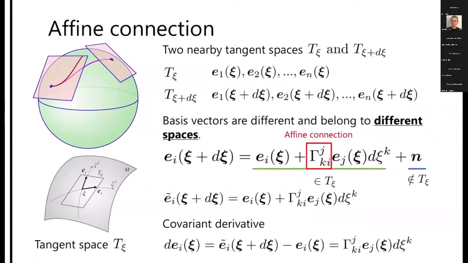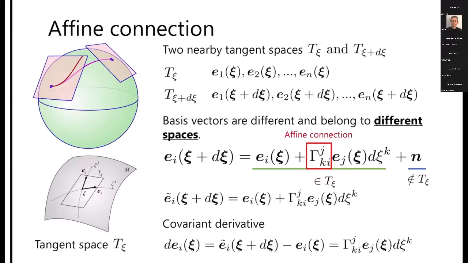Then, a difficult thing is that the tangent spaces are totally different, or really different, if they are far apart. But if you consider nearby tangent spaces, they are similar, but of course different. So how different the tangent spaces are can be expressed by this affine connection. But a difficult thing is that the basis vectors are different, and also these things belong to different spaces.